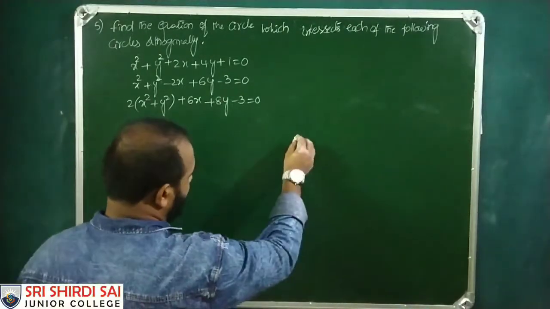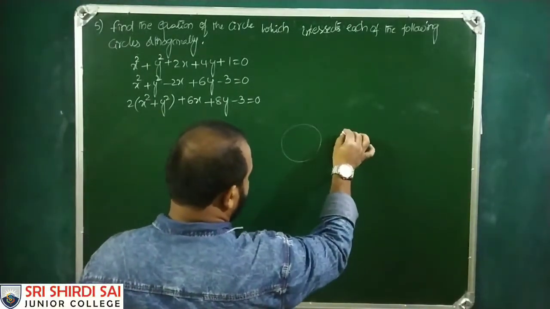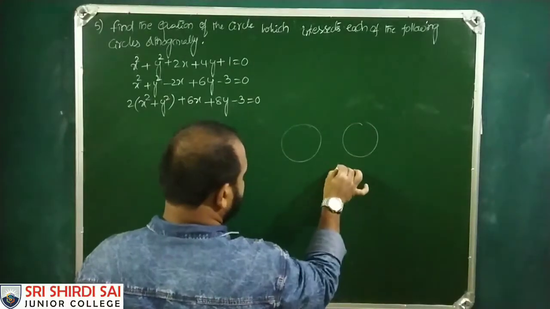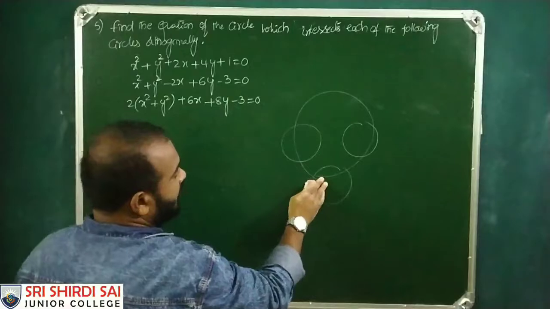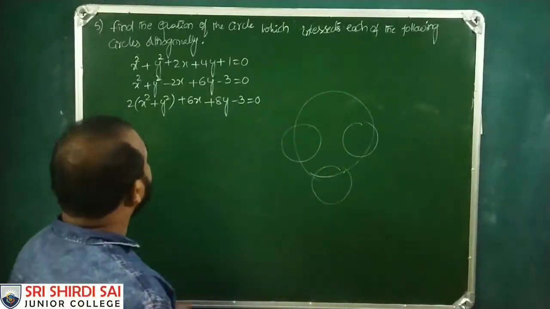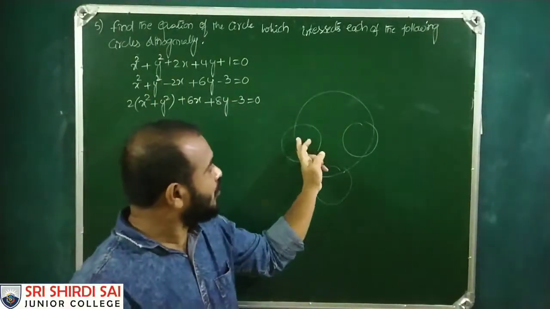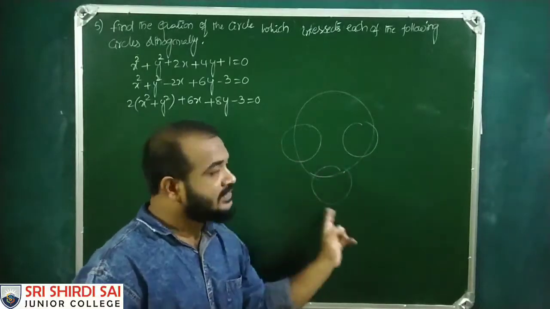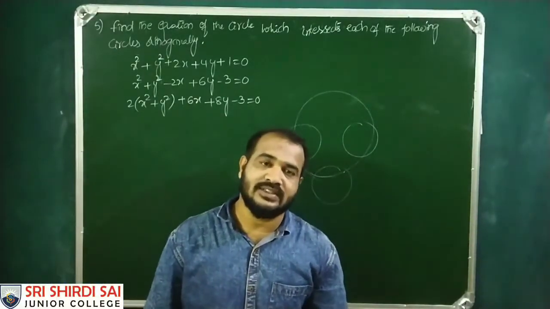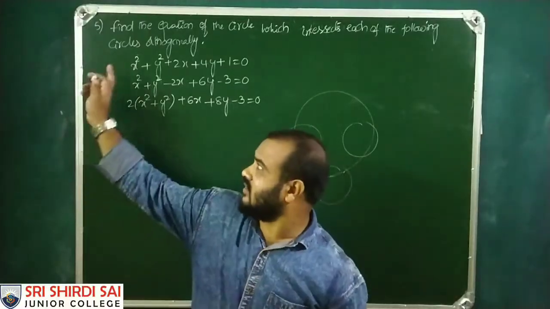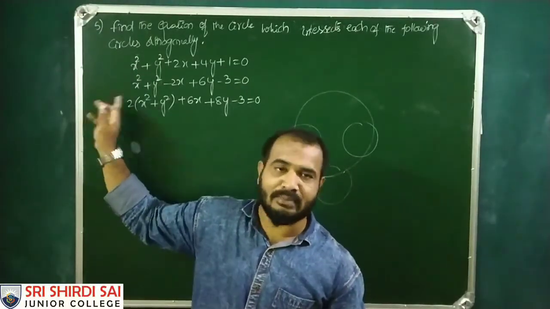So the concept is, the 3 circles are like this, and one big circle cuts all the 3 circles orthogonally. So for the big circle, 2gg dash plus 2ff dash equals c plus c dash, and these are S dash, S double dash, S triple dash.